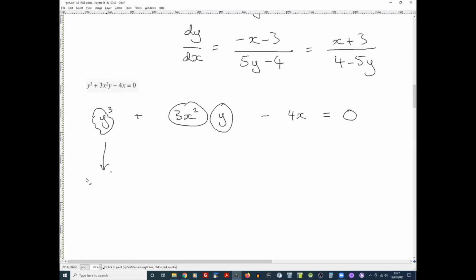So that'll be 3y squared times dy by dx. Plus, okay, so for this we've got to use quotient rule. Is that right? Is this a quotient? I know what we've got to do.